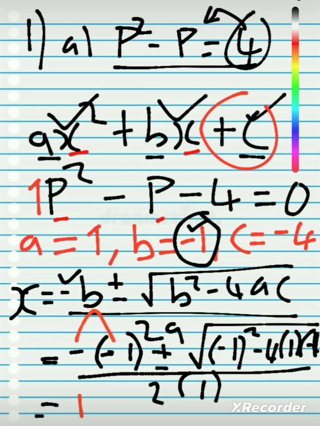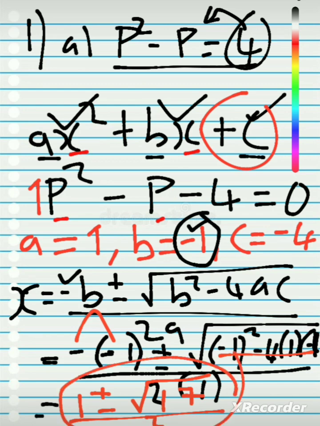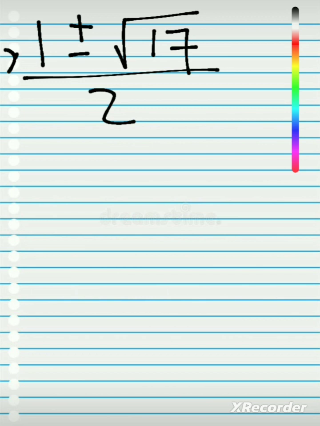So we have 1 there, then plus or minus the square root of 17, over 2 times 1, which is 2. I ended on 1 plus or minus the square root of 17 over 2 as our x.